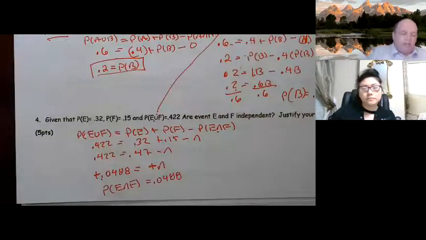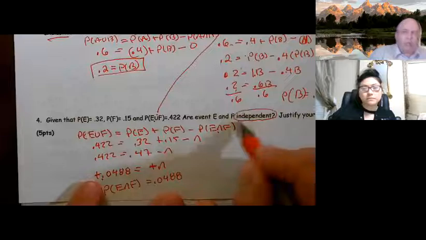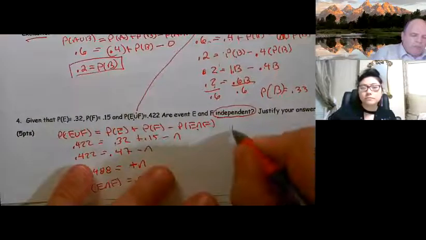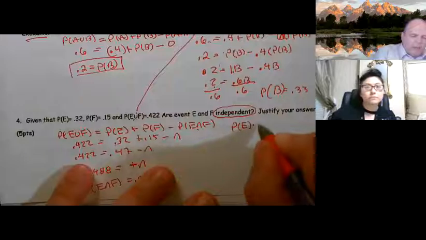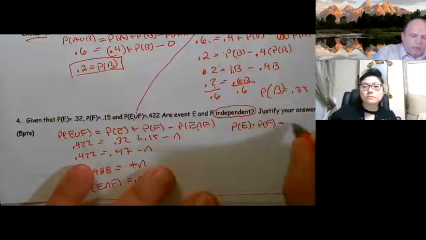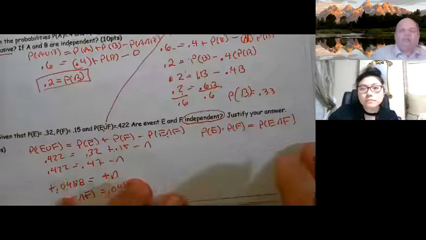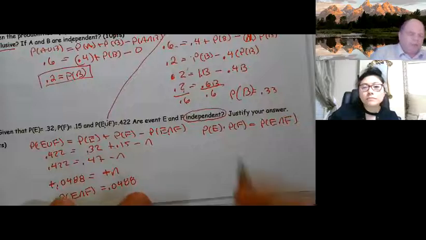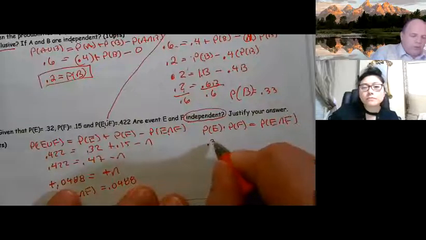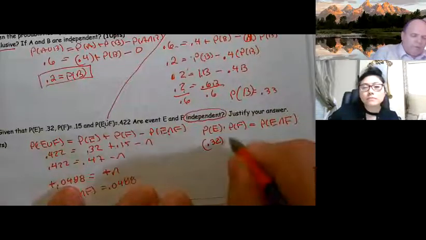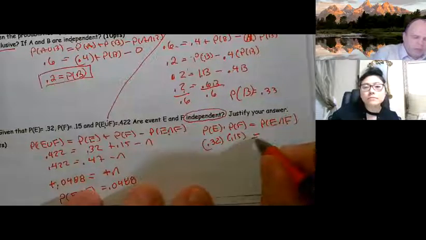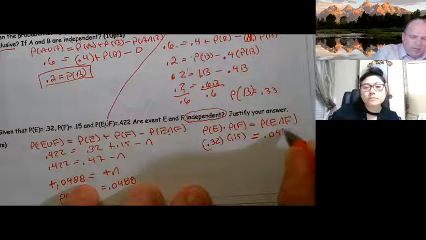Now, can I use that piece? Well, they asked about independence. All right? And if things are independent, the probability of E times the probability of F equals the probability of E and F, or E intersect F. Well, E is 0.32, F is 0.15, and the intersection is 0.0488.